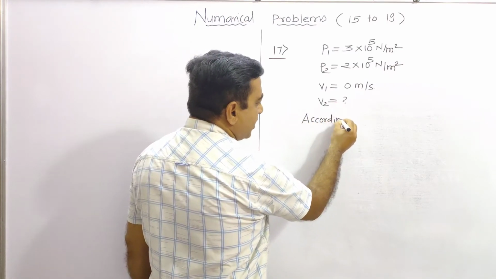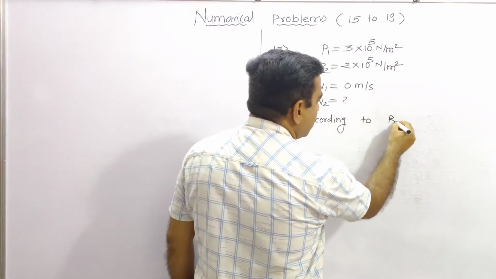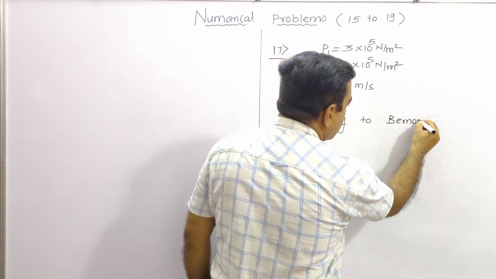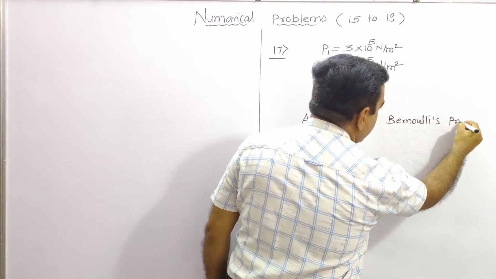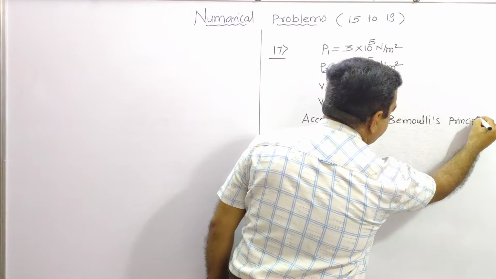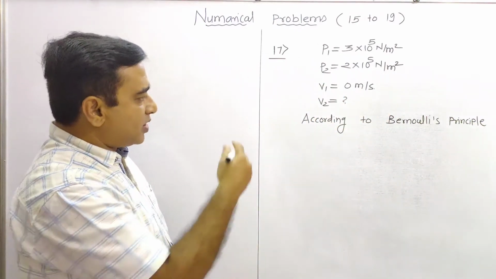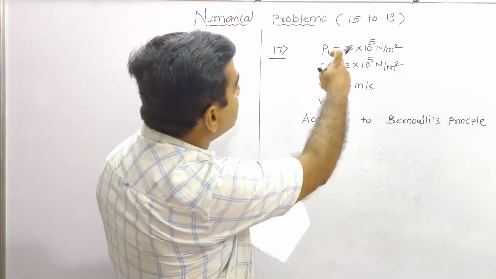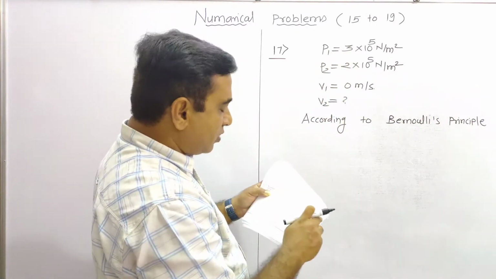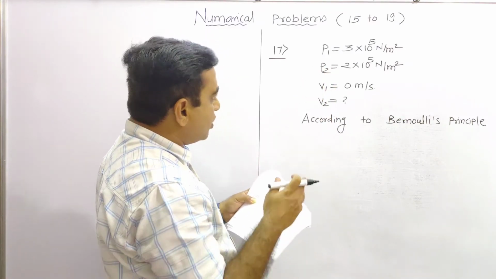Now we are going to write one formula regarding Bernoulli's principle. According to Bernoulli's principle, I am going to write the formula. Here, the pressure P1 is given as 3 into 10 raised to power 5, then we have the pressure P2, which is 2 into 10 raised to power 5 Newton per meter square.